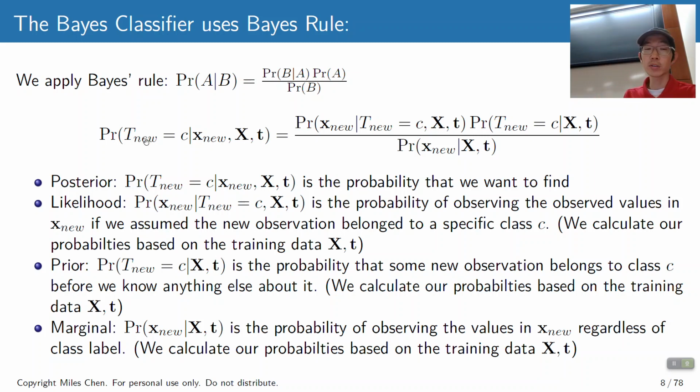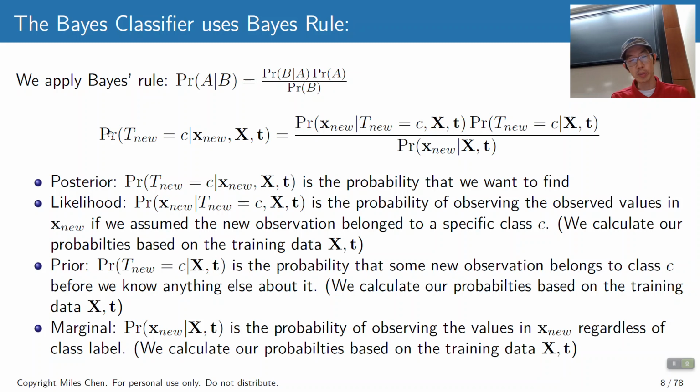But here we say, okay, the probability of X new given that our observation belongs to class C times the probability that our observation belongs to class C, that's our probability A, divided by the probability of getting these X values.